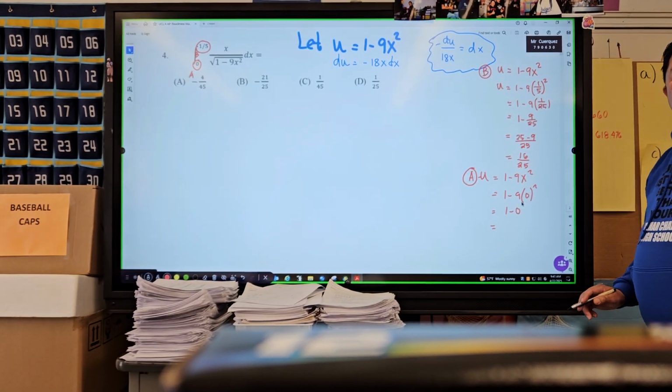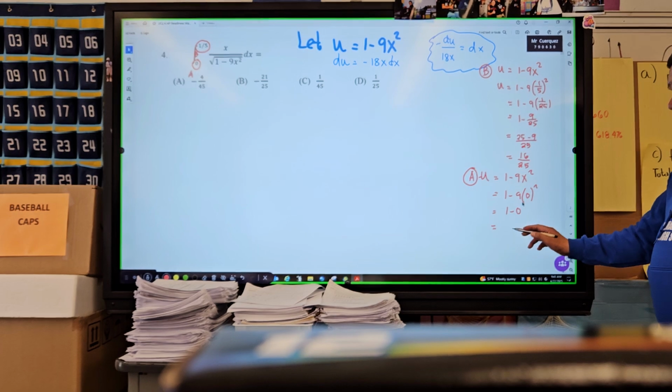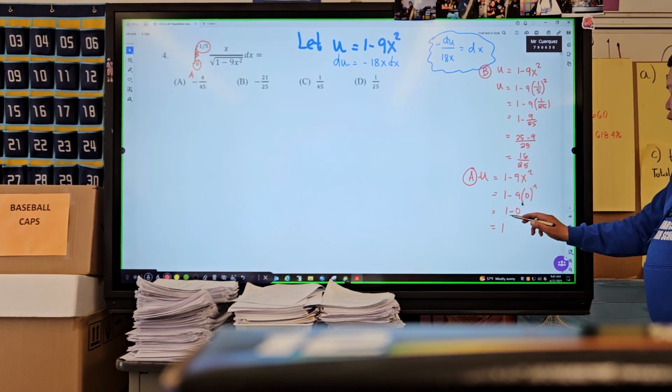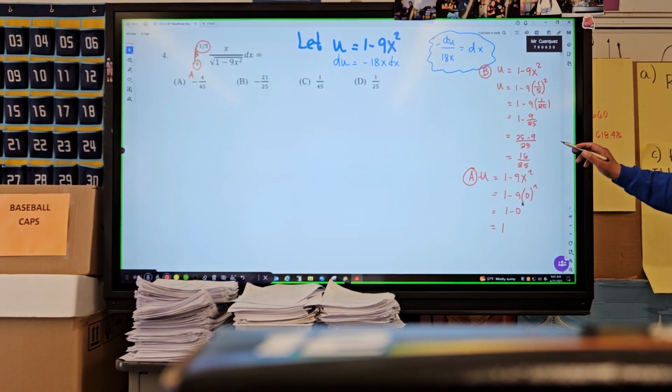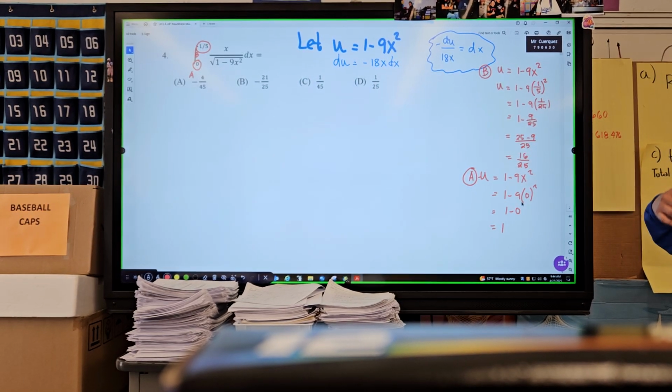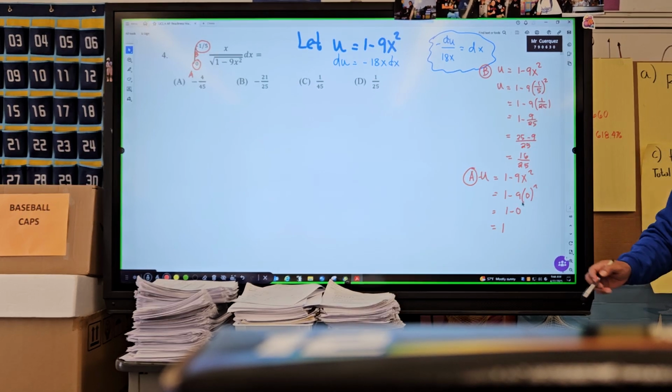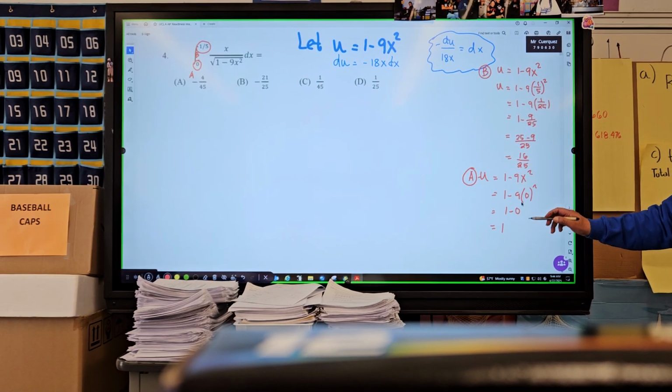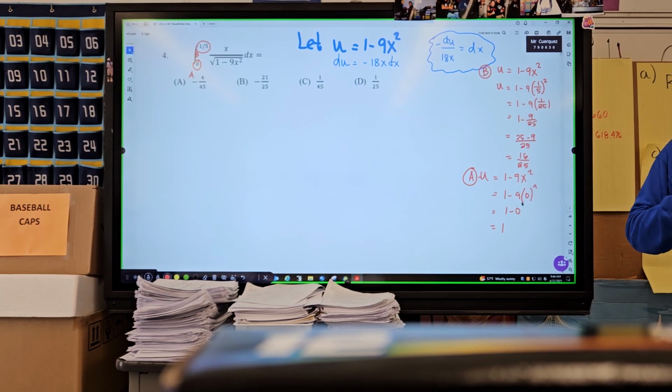So the lower limit now is 1. As I said, we don't have to change the order because 1 is smaller than 16 over 25's upper position as the original order, so there's no need to change the order of the limit. Clear, guys?